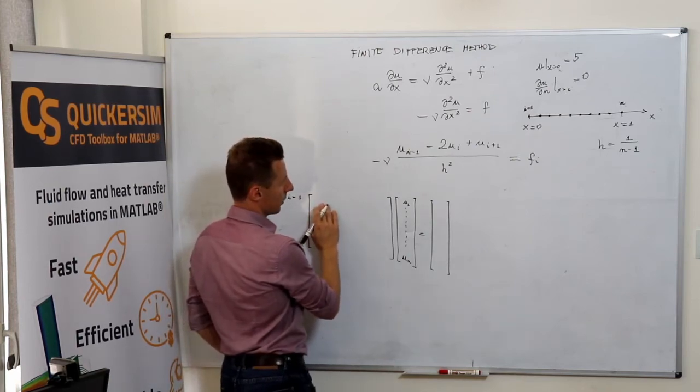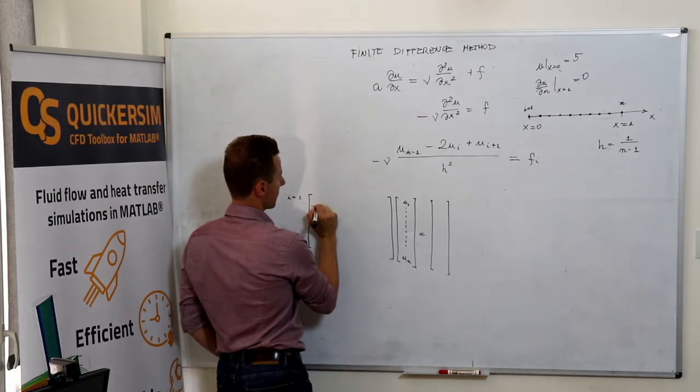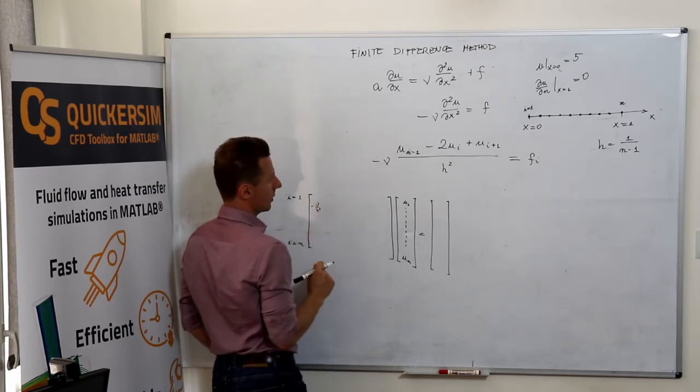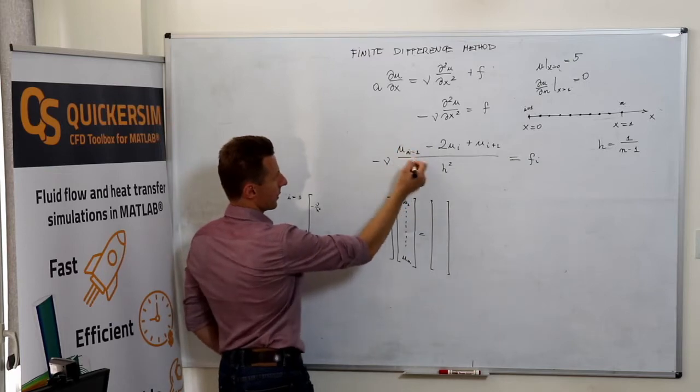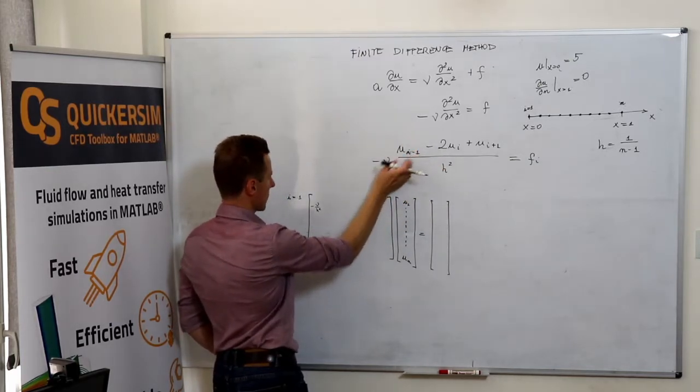So what happens is we've got minus ni divided by h squared, because this coefficient multiplies u(i-1).